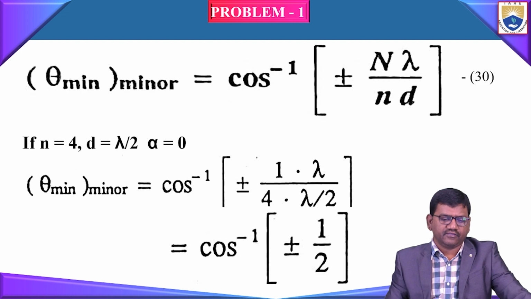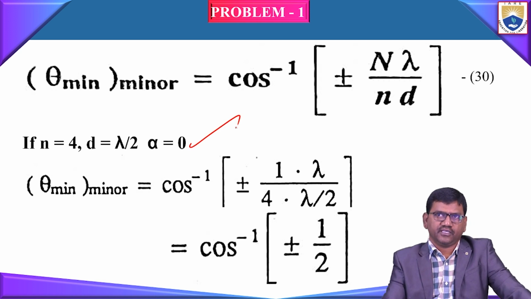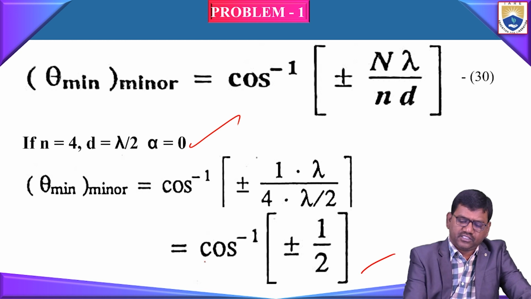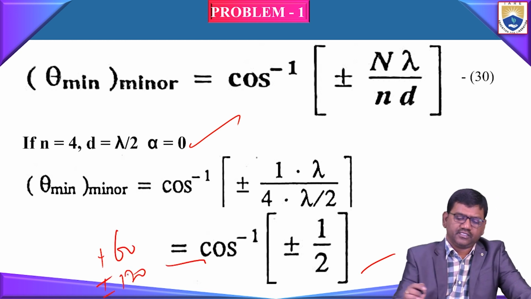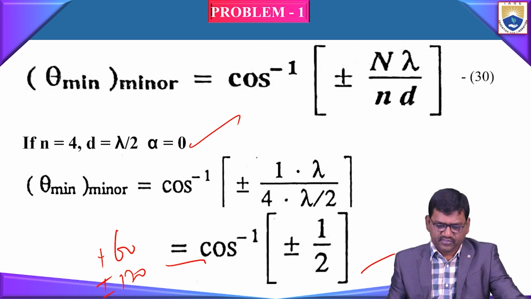So after substituting the given specifications of the problem, you will get cos theta equal to plus or minus 1 by 2. So this is 60 and 120 here, plus or minus 60, plus or minus 120. There will be no radiation in the direction of 60 and 120.